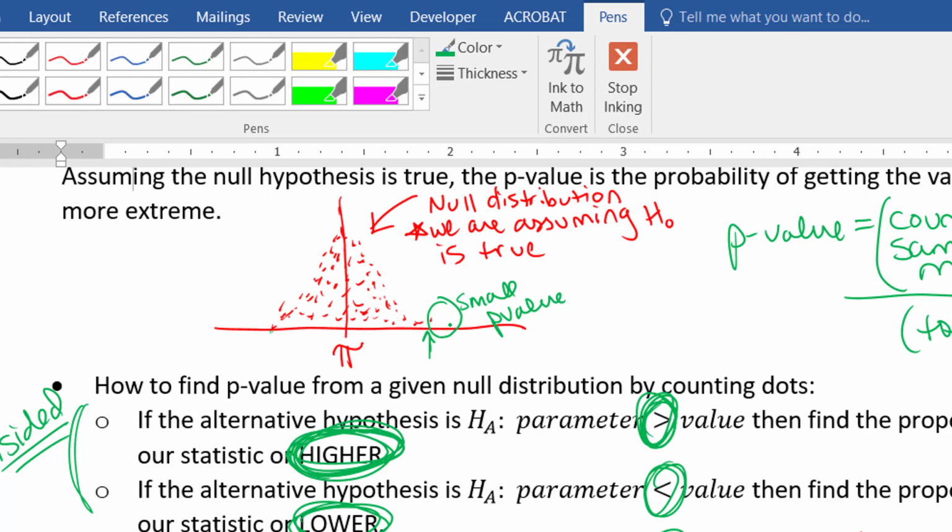That's a tiny p-value. So the smaller my p-value gets, the further my statistic is out in the tail, the further it is away from the null hypothesized value of pi. So the further your statistic is away from the null hypothesis value of the parameter, the smaller your p-value.